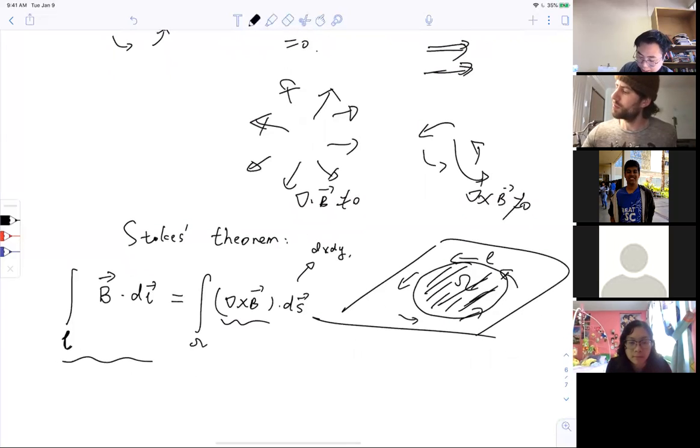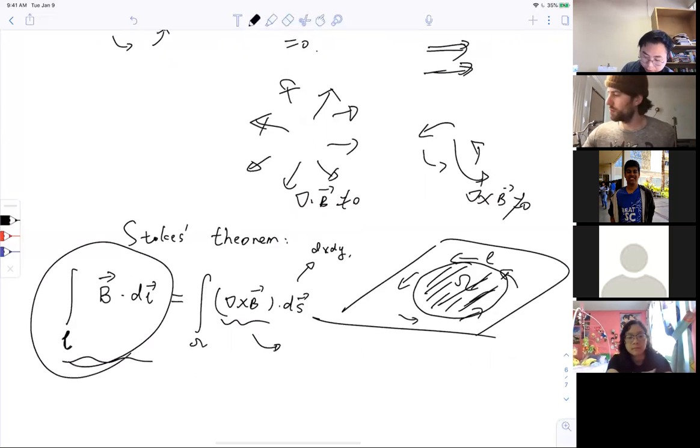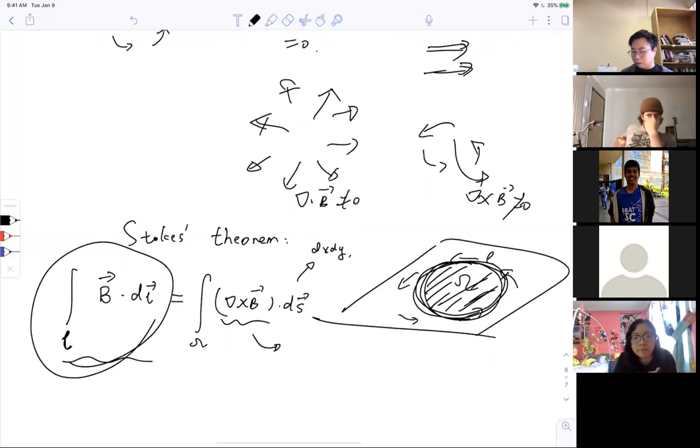So remember, this guy is the circulation density, and this guy calculates the total circulation. So it tells you the total circulation around the loop equals the total circulation density within that loop.